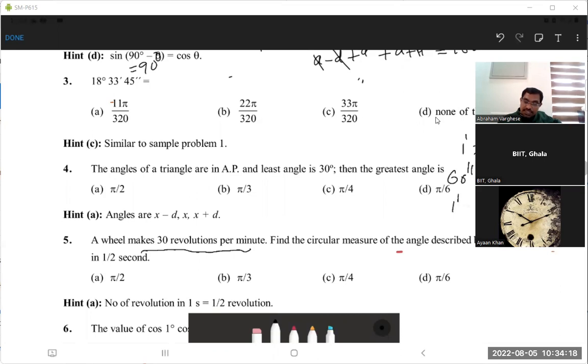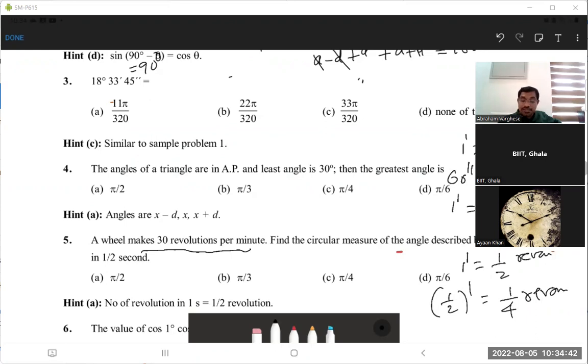That means in 1 second, 30 divided by 60 revolution. That means in 1 second, you have 1 by 2 revolution. But I need half a second. So in half a second, how many revolutions will there be? Divided by 2, there will be 1 by 4 revolution.